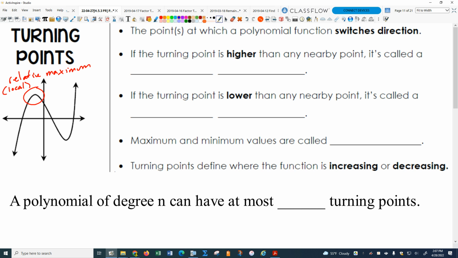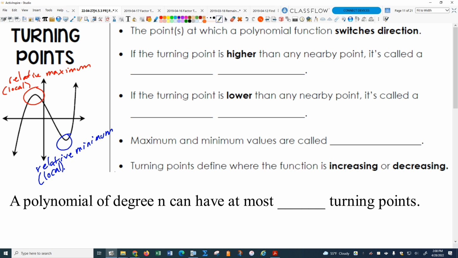If he continues along this function, he's going to decrease for a while, and then he passes through another transition down here back to increasing. So there's another turning point. This one's called a relative minimum. And again, we can also call that a local minimum. Same thing, okay?